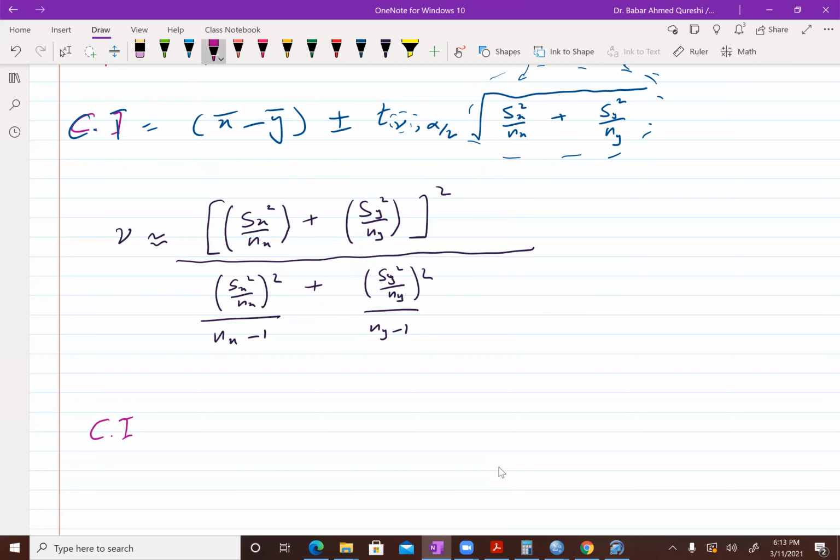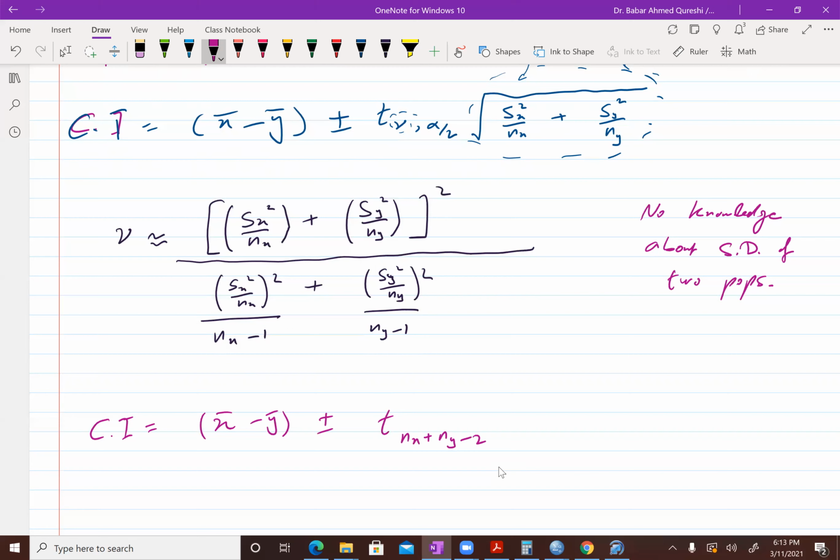So this is the case of no knowledge about the standard deviation of the two populations. But in case you know that they are equal, then this formula can be made slightly different to include that extra bit of information.